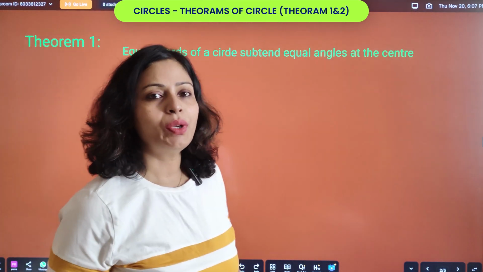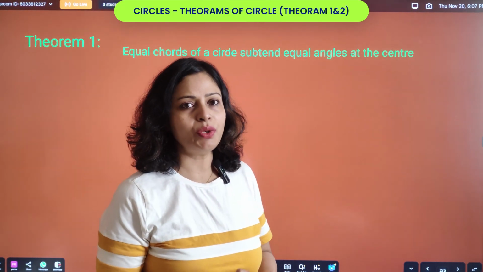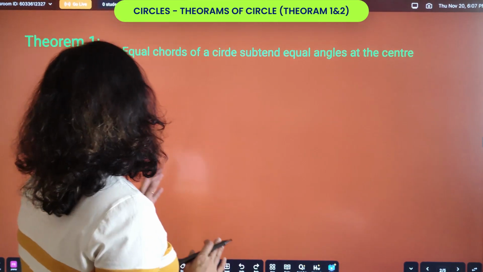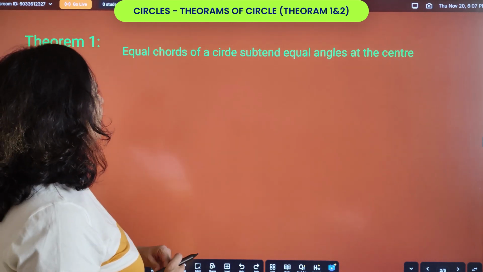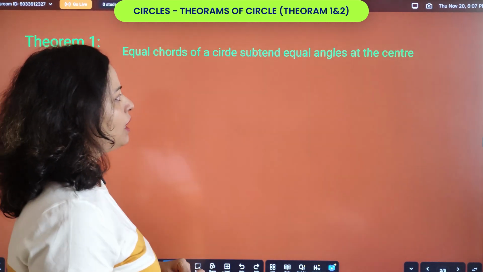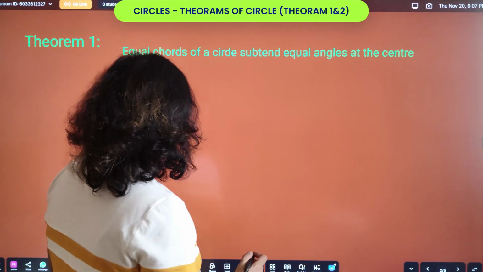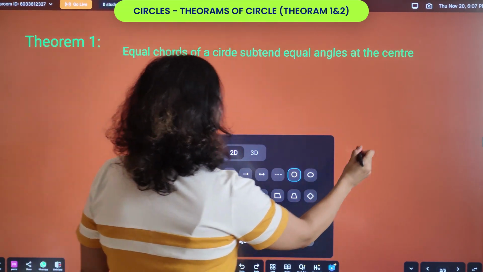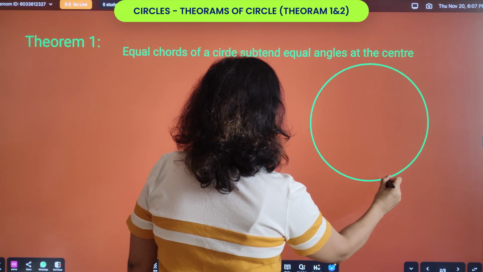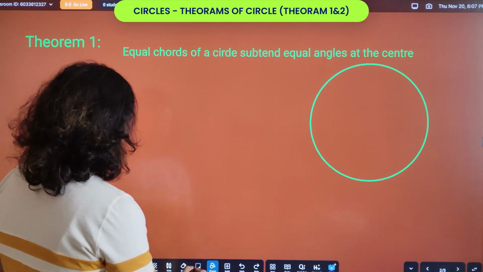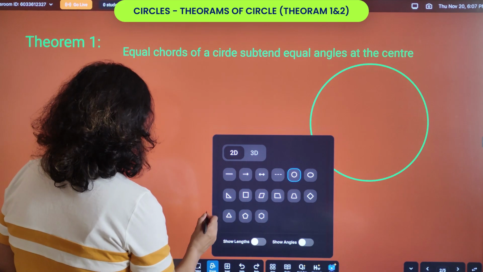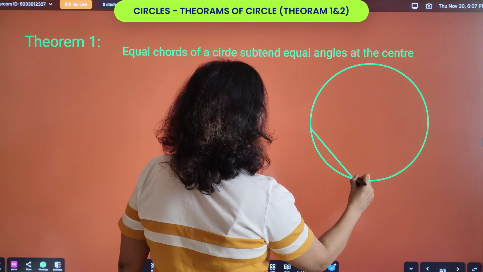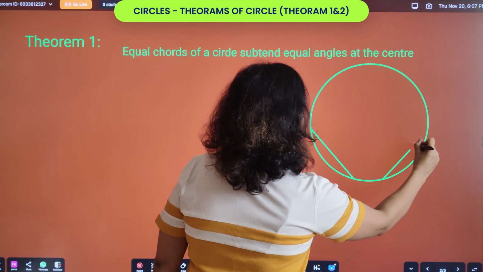So let's start with the first theorem of the circle, which is related to the angle subtended by the chord. The first theorem says that equal chords of a circle subtend equal angles at the center. If I make a circle and here I make two chords, maybe a chord is here and another chord is here.